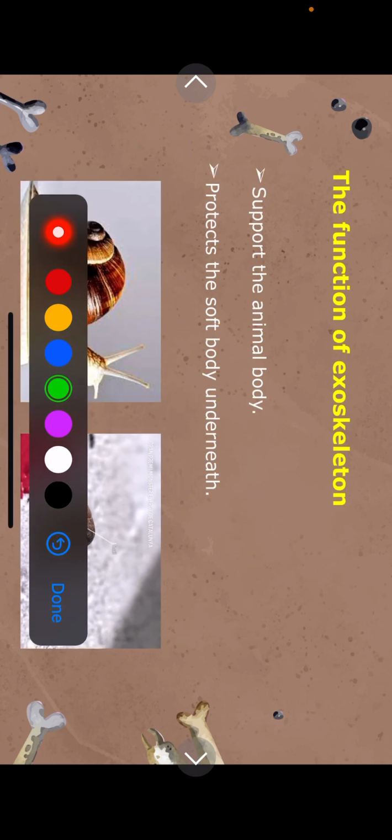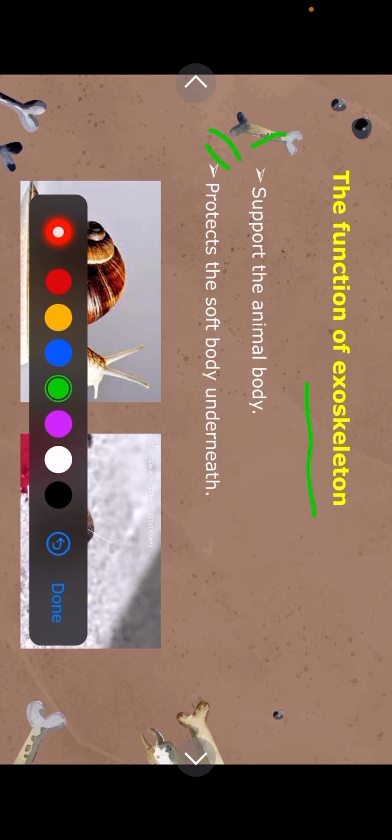Like what? First let's talk about the function. We know before that every structure has a function, a particular job. So what is the function of the exoskeleton? Like the skeleton, it supports the animal body, number one. And number two, now we talk about some invertebrate animals, so the body is so soft, not like the animals that have a skeleton.